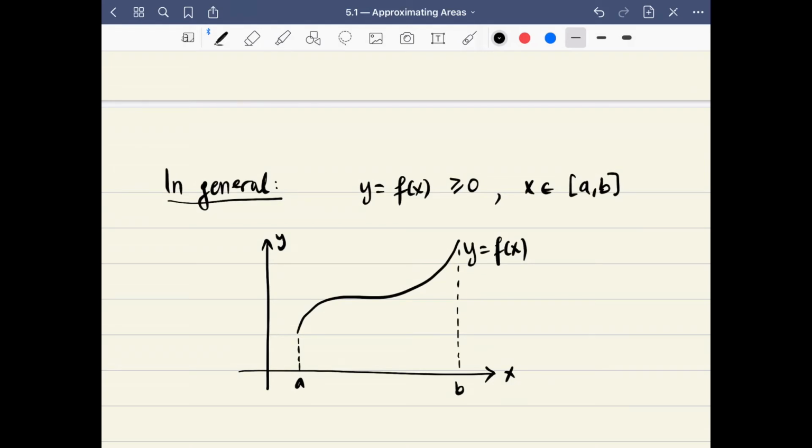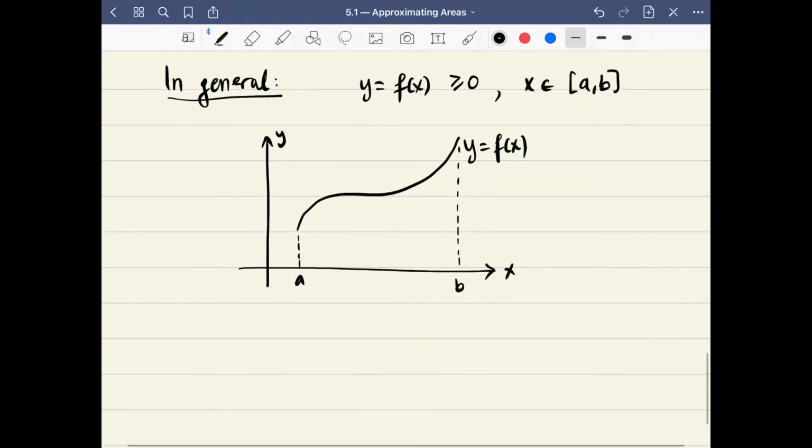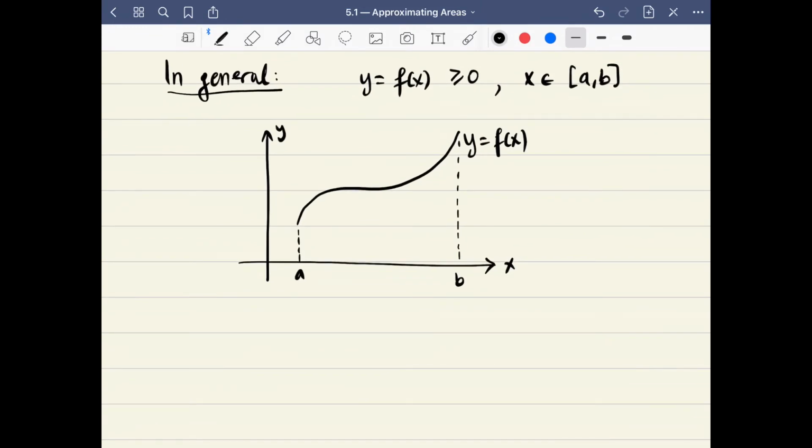So to approximate the area under y is equal to f of x on the closed interval a comma b, we proceed as follows.